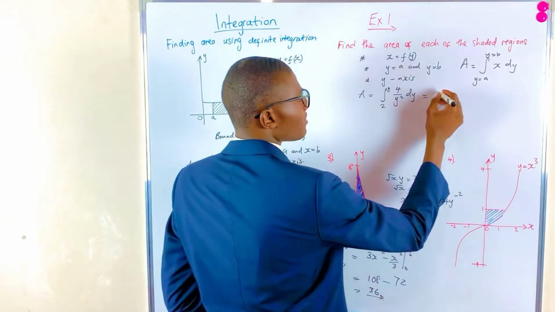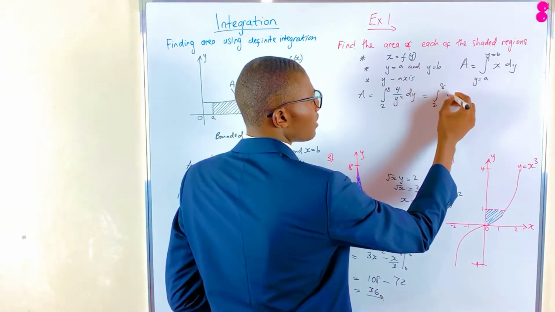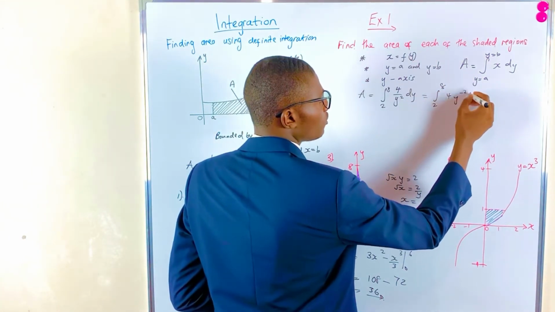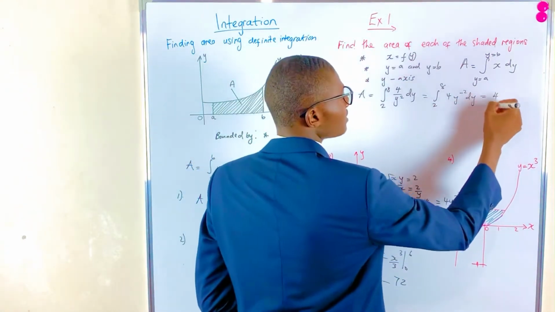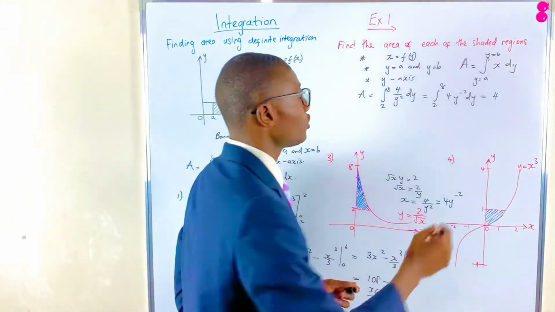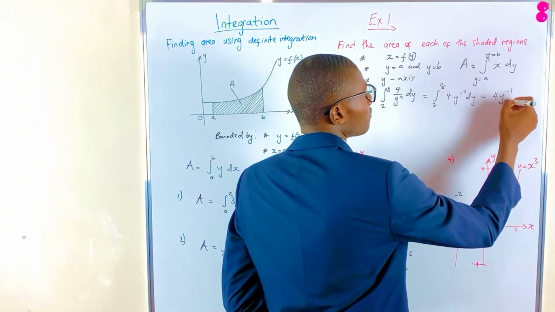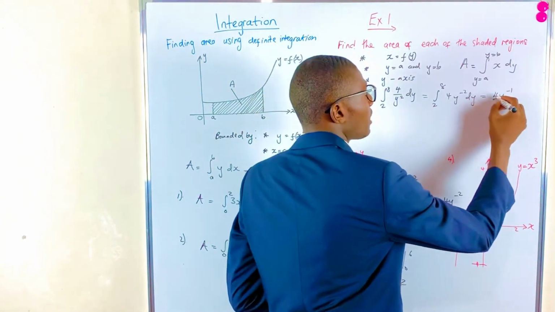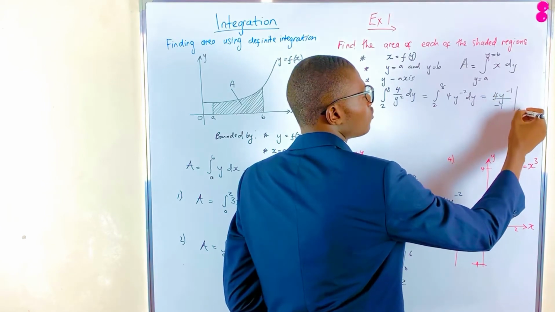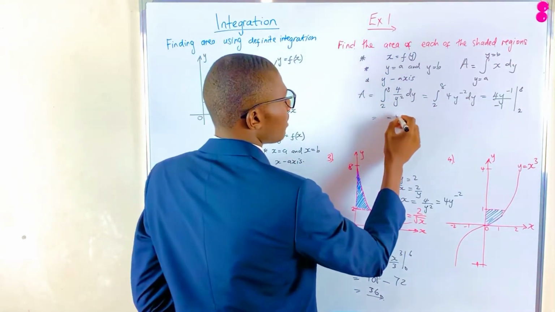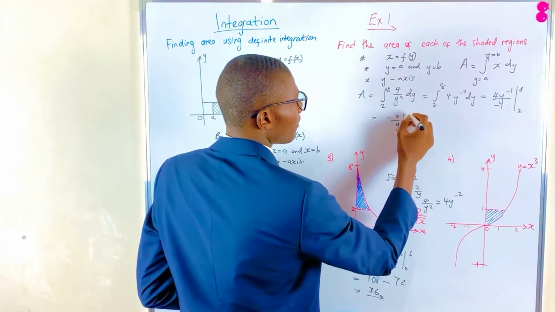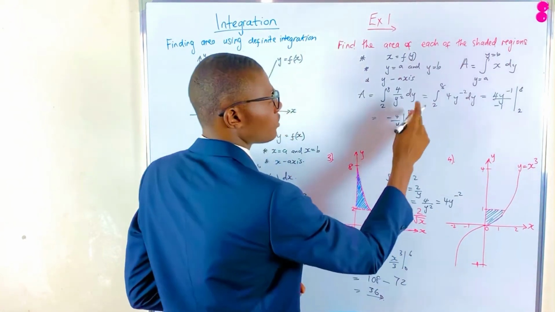This is the same as the integral from 2 to 8 of 4y to the power of minus 2 with respect to y. And now we shall say 4 times the integral of y to the power of minus 2, that will be 4 times y to the power of minus 1 over minus 1 from 2 to 8, which we further simplify to get minus 4 over y from 2 to 8.